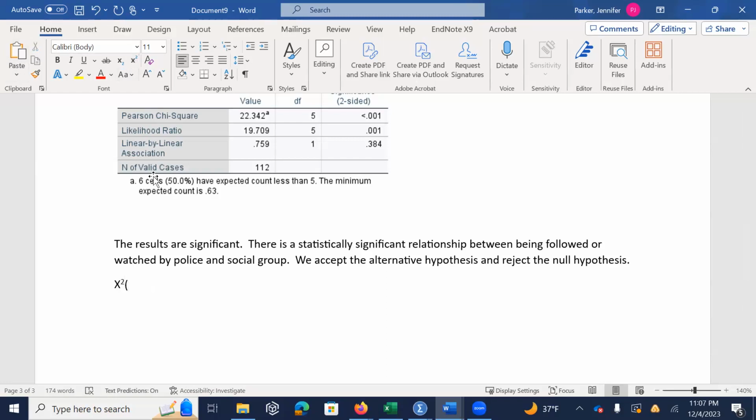And then we want to put 5, which is the DF right here, comma, the n size, which is 112, equals the chi-square value, which is 22.342, comma, p less than 0.001.